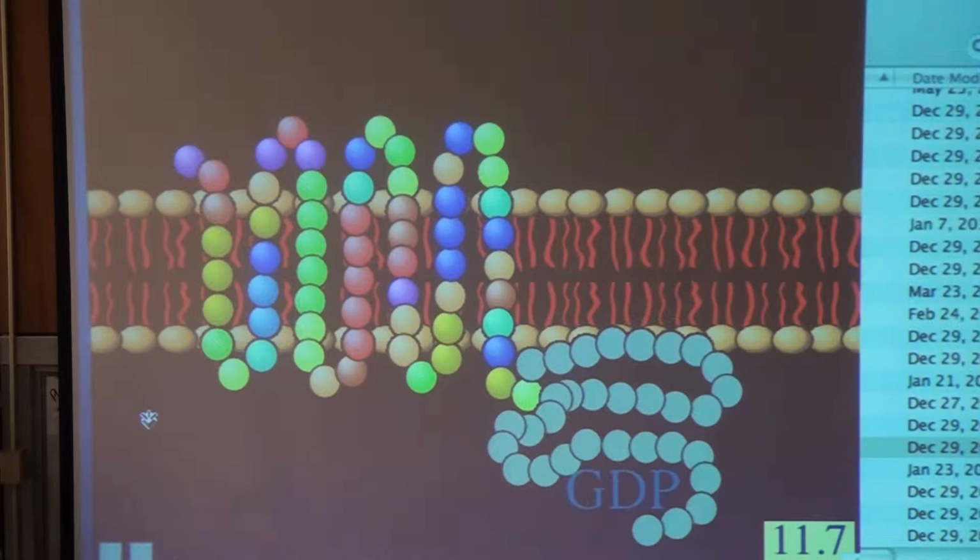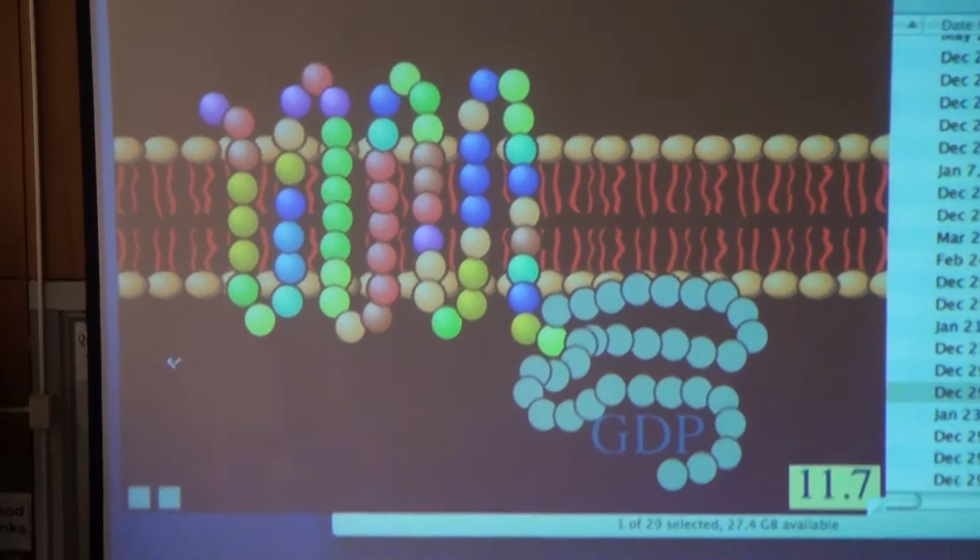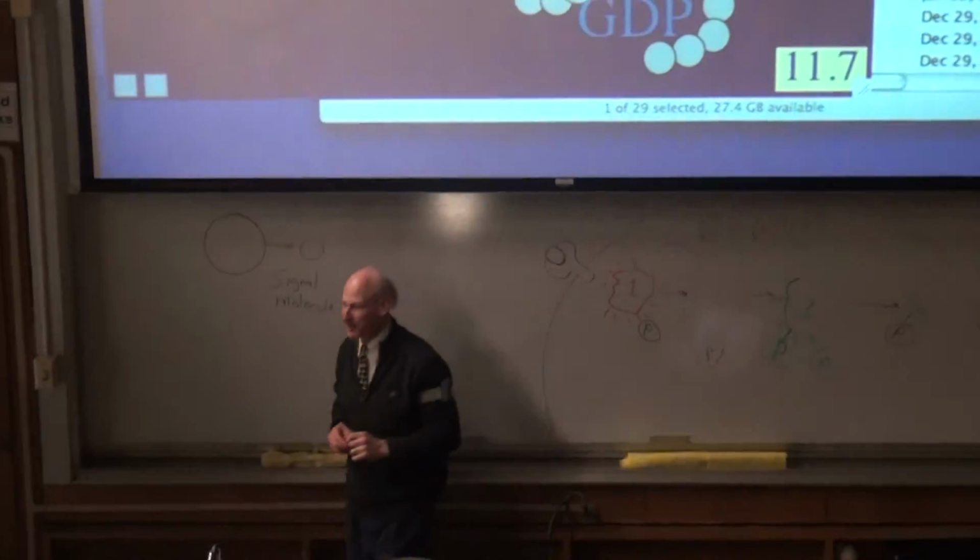Now, remember that for the way these signal transduction pathways work, the first relay protein is supposed to be inactive until the signal molecule comes along. But when the signal molecule binds the receptor, that leads to the activation of relay protein number 1, which then starts activating the other relay proteins.